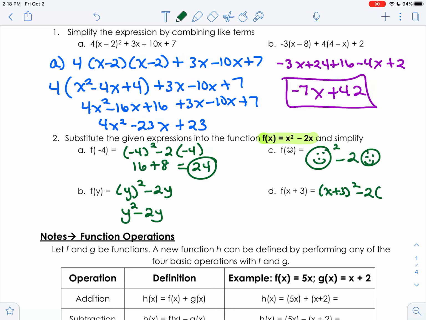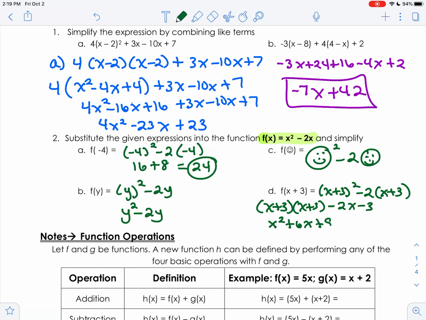Okay. And where it gets a little tricky is when we're plugging in a quantity like x plus 3. So I need to put x plus 3 quantity squared minus 2 times x plus 3. But we've been practicing, and we know that we have to write that twice and FOIL it. So x plus 3 times x plus 3 minus 2x minus 3, if we distribute the negative 2.